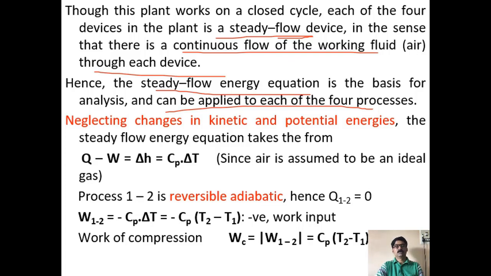Now you know that the steady flow energy equation is Q minus W equal to delta H plus delta KE plus delta PE.